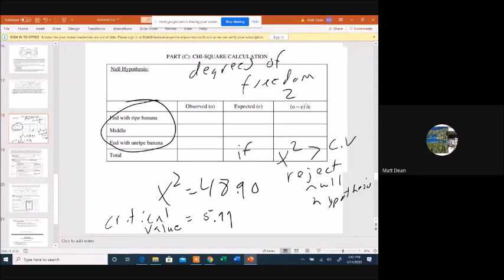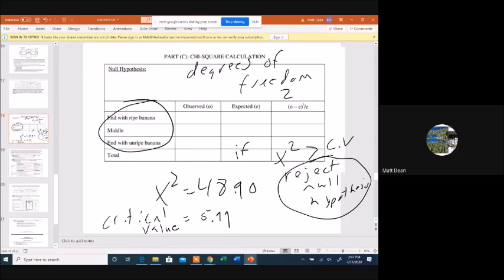The banana, either the ripe or the unripe banana, has no effect on where the flies locate themselves. We're rejecting that null hypothesis. So that's telling us that the bananas do have an effect. Essentially, we're showing that with statistics. If chi-square is greater than the critical value, you reject your null hypothesis. If, on the other hand, chi-square is less than the critical value, you fail to reject the null hypothesis.